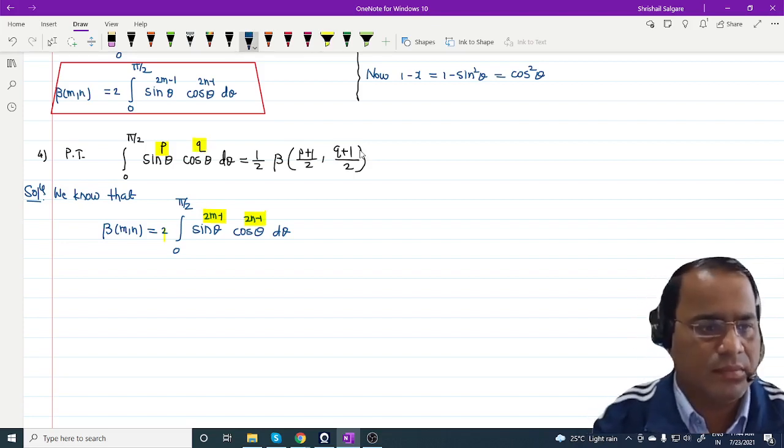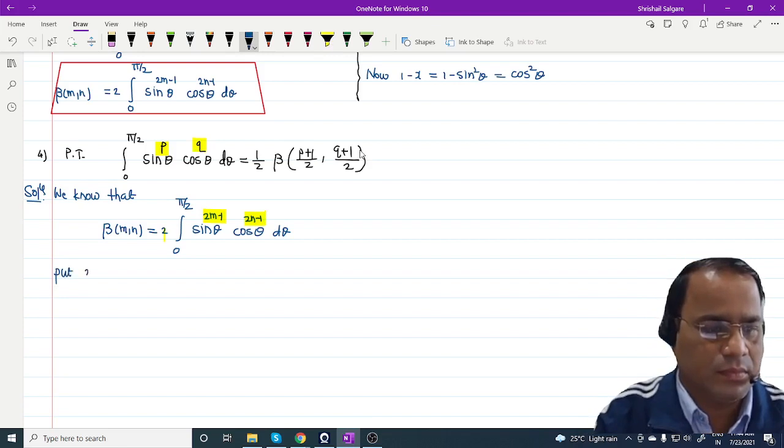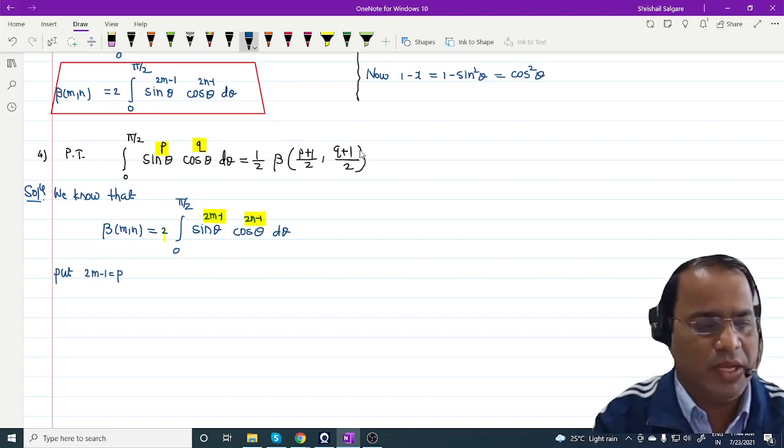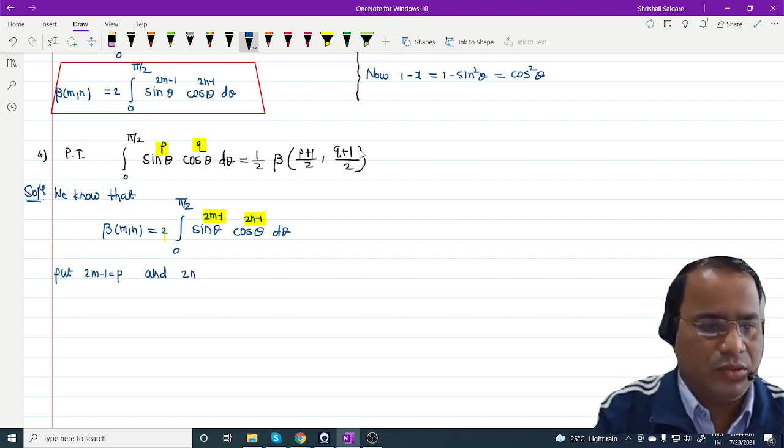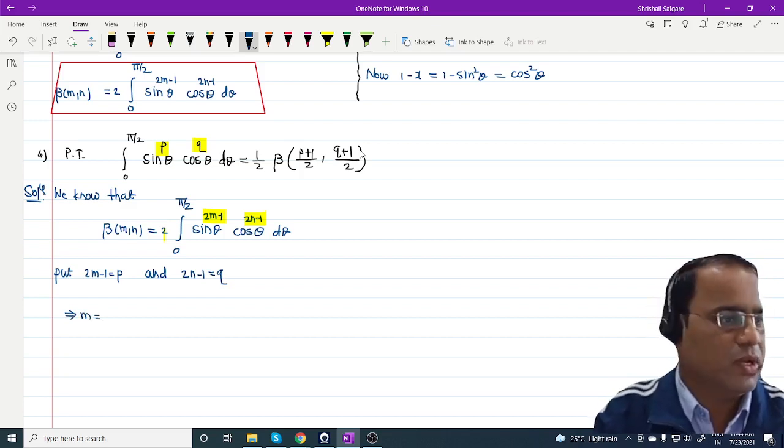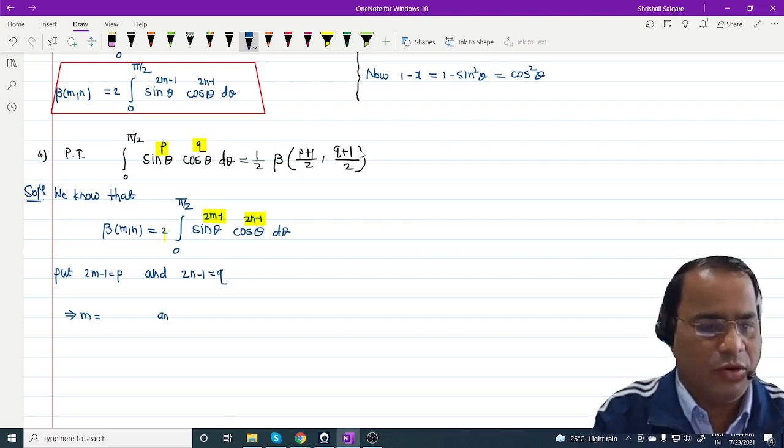What do you have to do then? p is equal to 2m minus 1. Yes, very good. 2m minus 1 is equal to p and 2n minus 1 is equal to q. From these two you can calculate the value of m and the value of n.